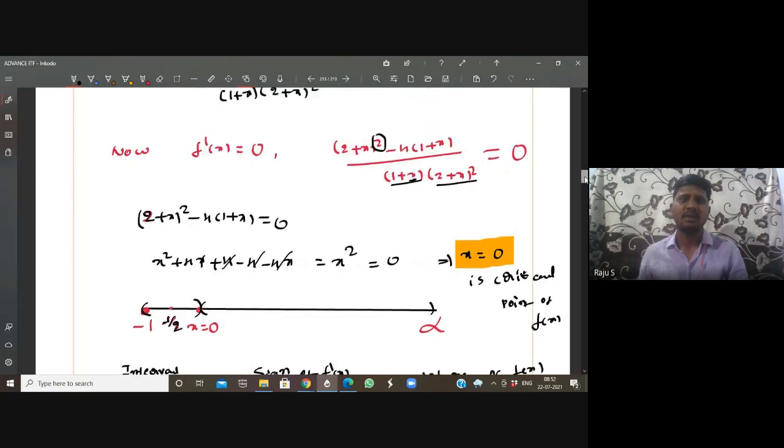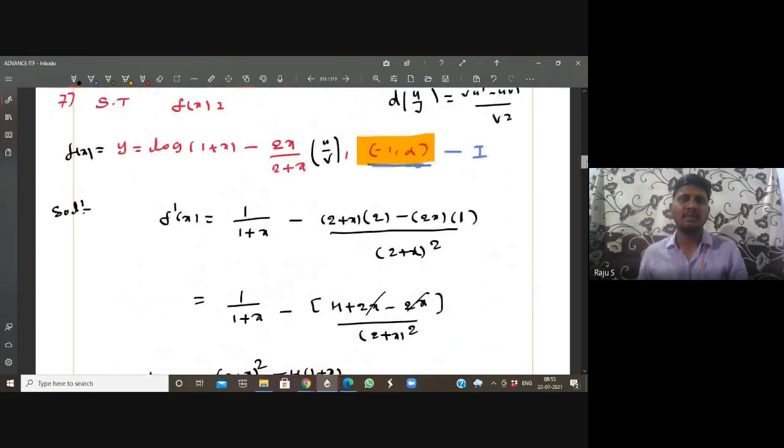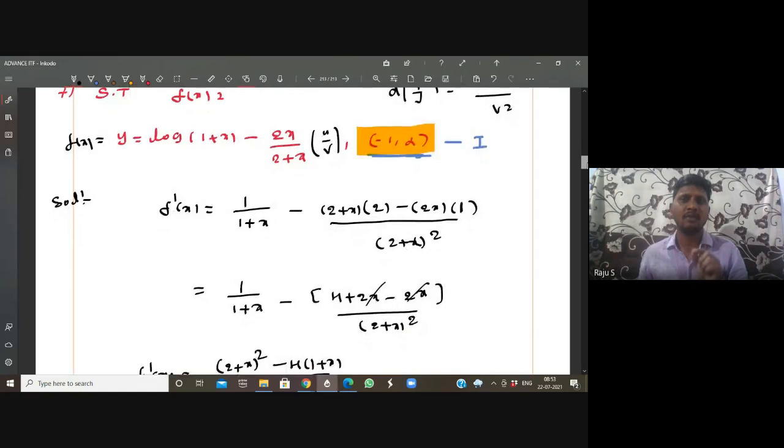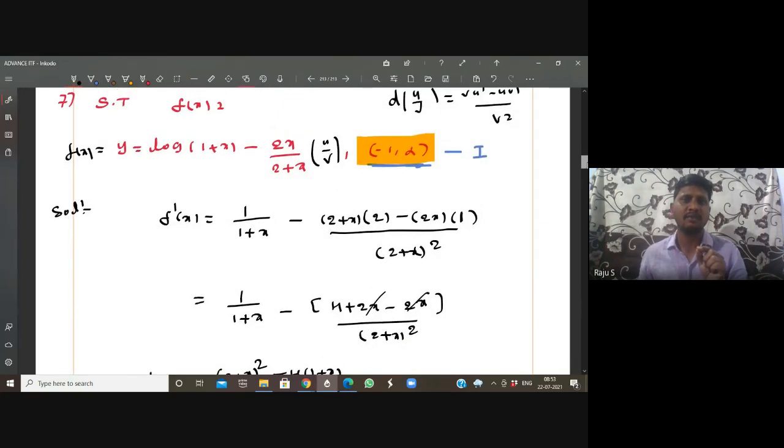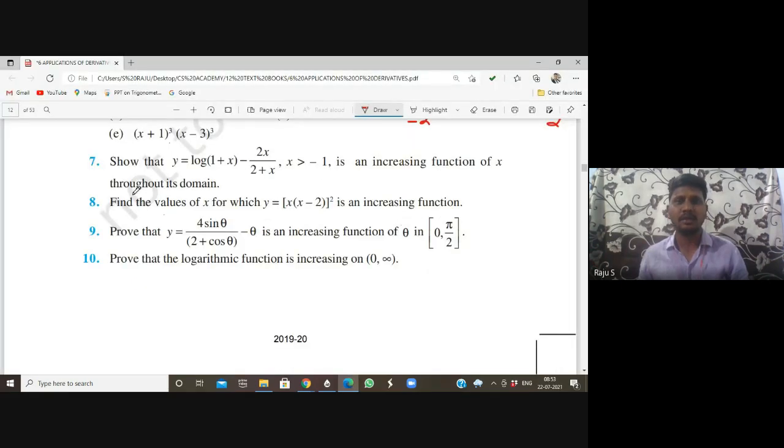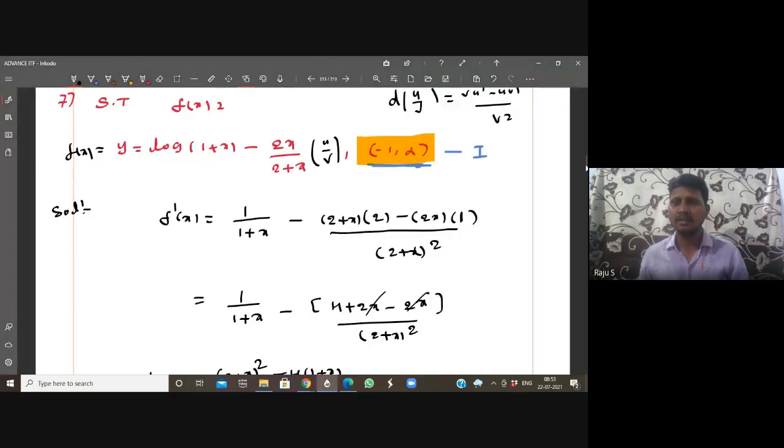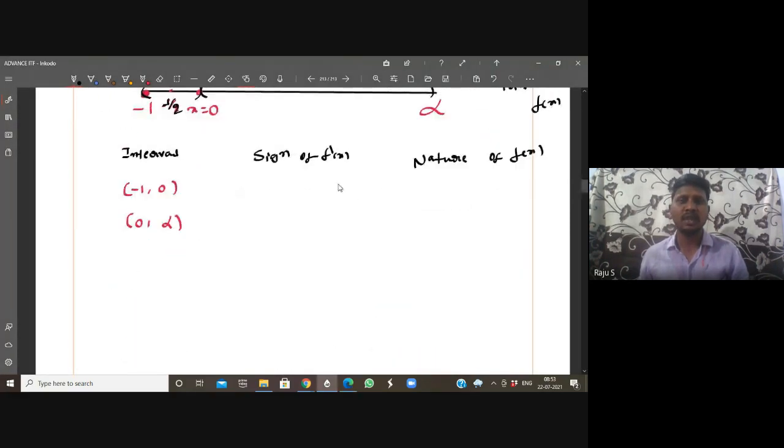Because see, in case we get less than 0, you have made a mistake somewhere, because they are already asking to show that it is increasing. Throughout the domain it is increasing, so no need to check anything, simply write greater than 0, because they are already asking show that. So greater than 0 only, it is increasing. So f is increasing. Here also f is increasing.